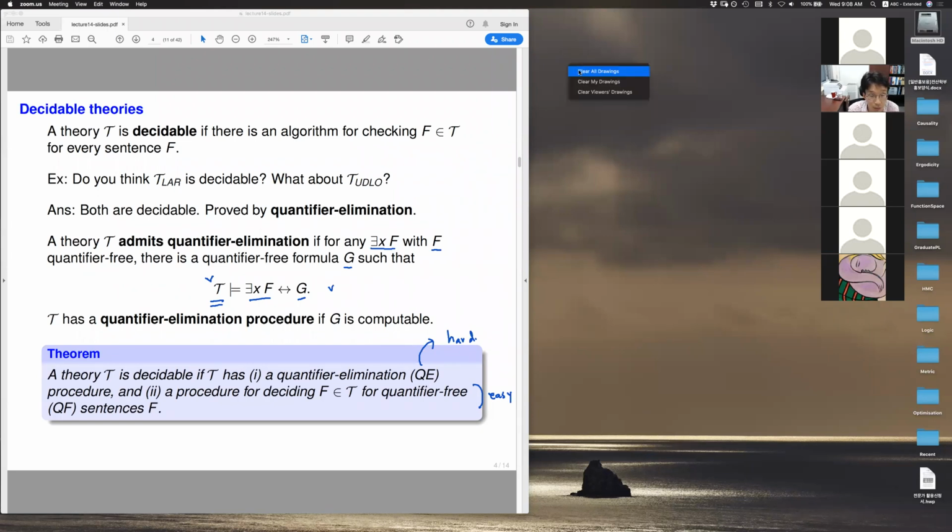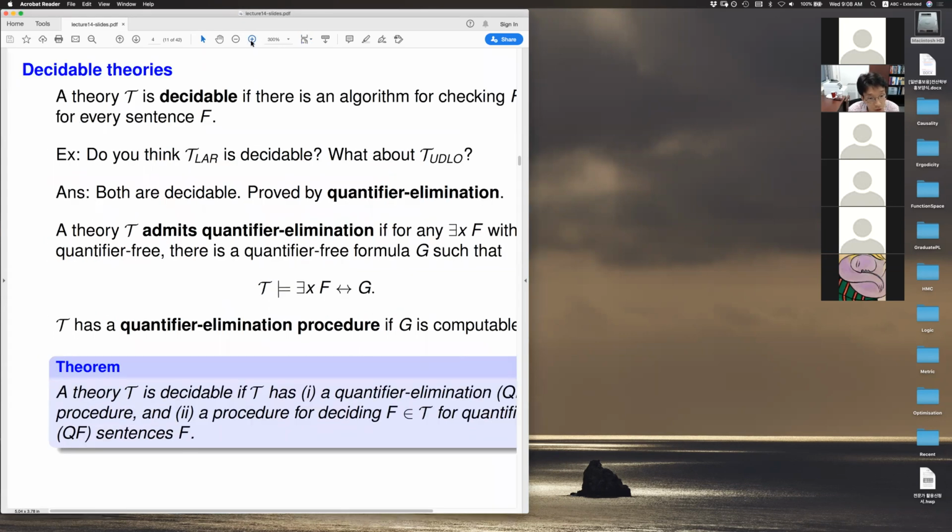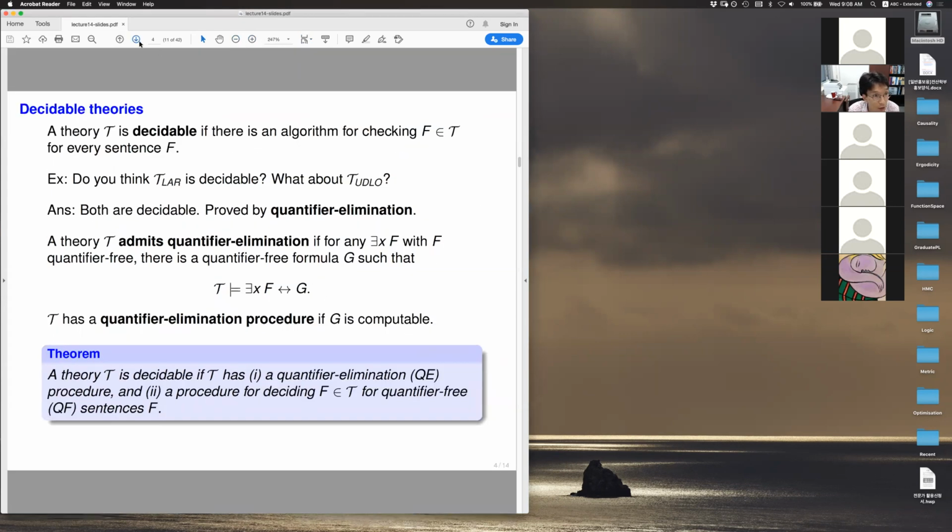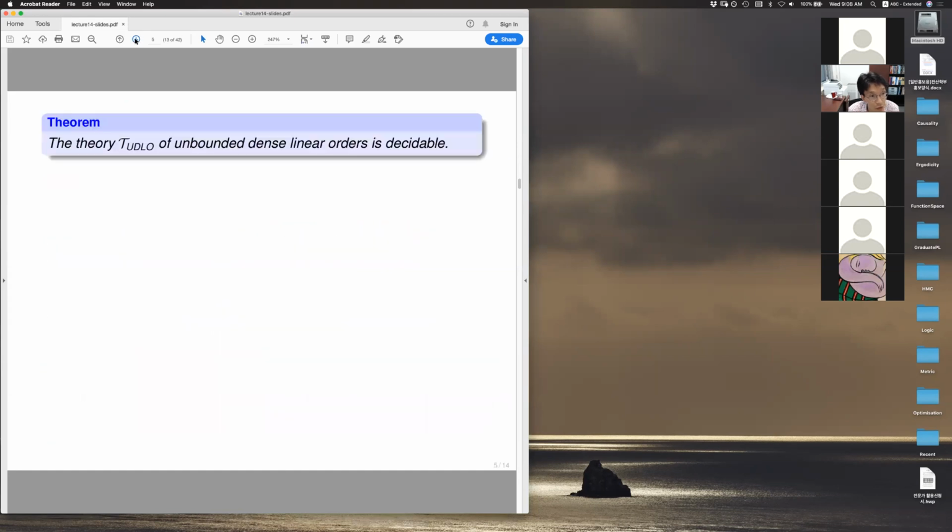Last time we proved decidability by quantifier elimination for two theories: the theory of unbounded dense linear order, which is a theory generated syntactically, based on a set of axioms.